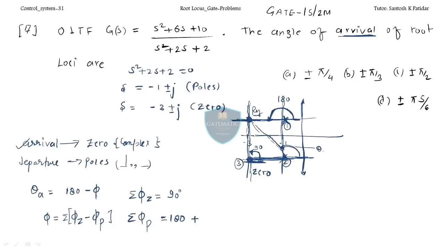What is this height? This height is 2, isn't it? 1 for j and this is minus j, so this is 2. And what is this difference? This is 3 and this is 1, so this is also 2. So this angle is 45 degree, and the remaining one is 135 degree. So over here it's 135 degree.